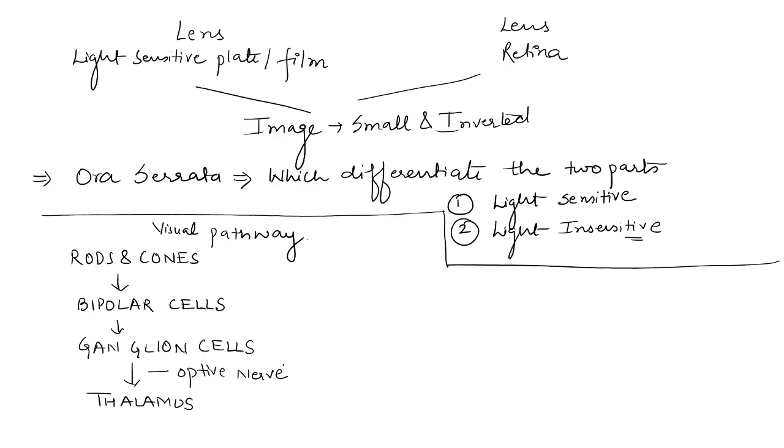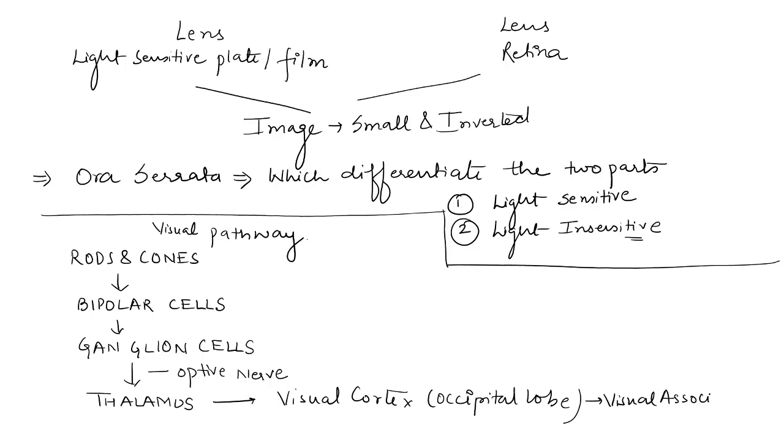Optic nerve endings are here, in between the ganglionic cells and the thalamus. From thalamus, it is carried to visual cortex, which is in the occipital lobe. Then it reaches the visual association area. So this is the visual pathway.